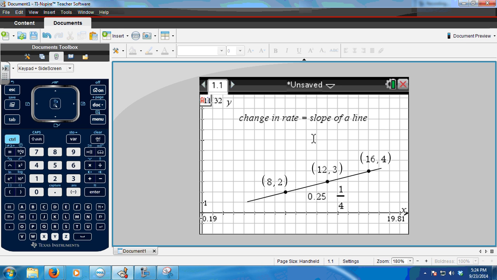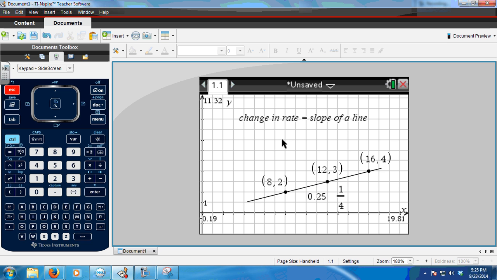So this is how you can use your calculator to create a rate of change, a slope, to identify if the points that we have here are going to be linear and represent a linear relationship. And identifying the linear relationship is quite easy with your TI Nspire.